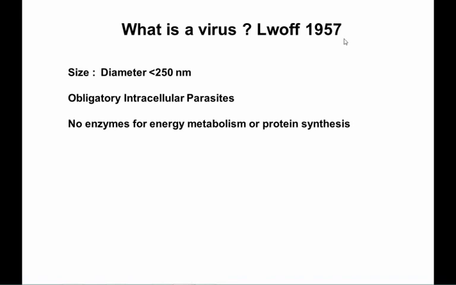Something related to their mode of replication is that they don't have the enzymes to generate metabolic energy or to produce their own proteins. Because of that, they are always obligatory intracellular parasites. The host cell has got to provide these two things for viruses.